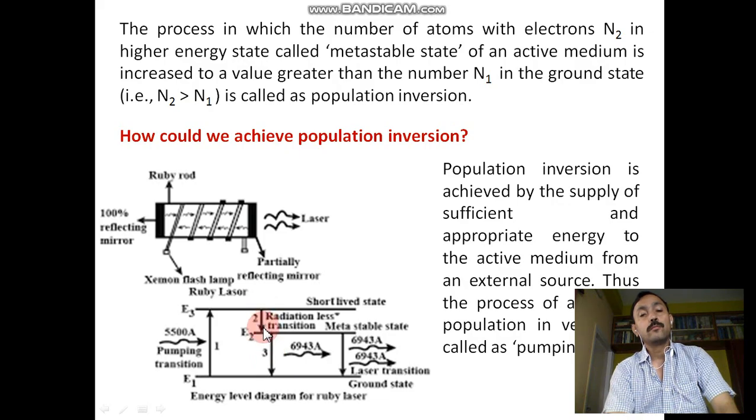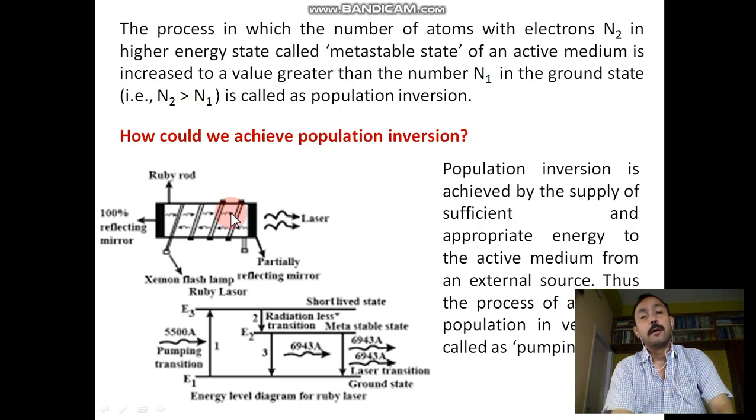From E3 to E2 the energy is very little, so this is a radiationless transition. E2, where the number of atoms is more and the lifetime of atoms is longer compared to E3, is a metastable state. Now it is radiating energy of 694.3 nanometer.